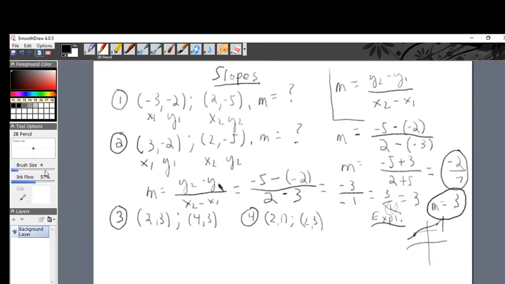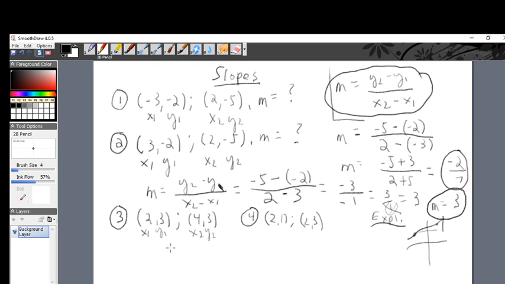Okay, now let's start with number 3. x1, y1, x2, y2. Let's follow the formula. The formula's up here. Don't forget our formula.